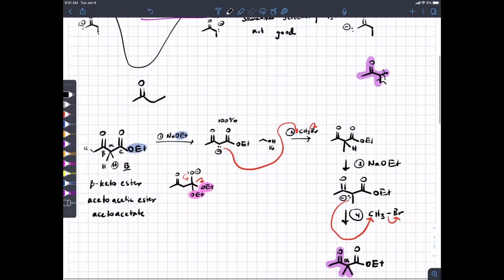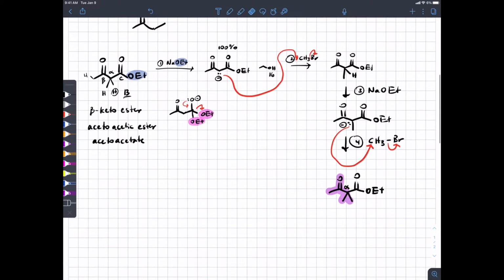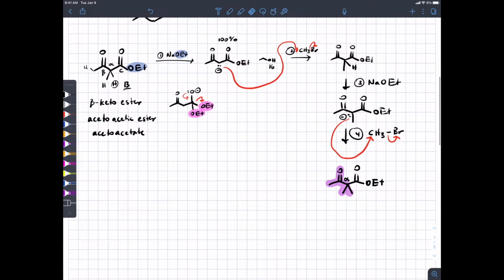So the heavy lifting is now over because we've made the carbon-carbon bonds. Now we have to get rid of this ester group. Notice that our product here is still a beta keto ester, only it is now alpha-alpha disubstituted. That means there are two alkyl groups on the alpha carbon.